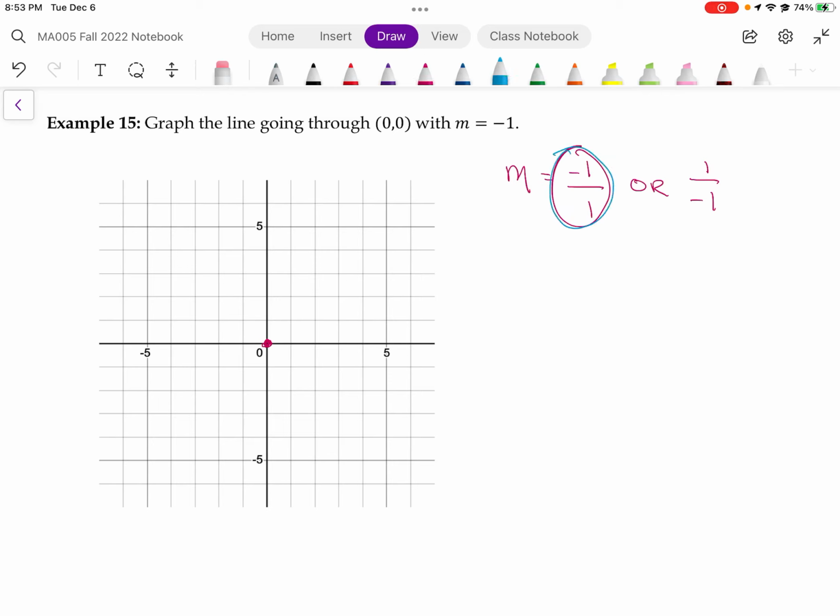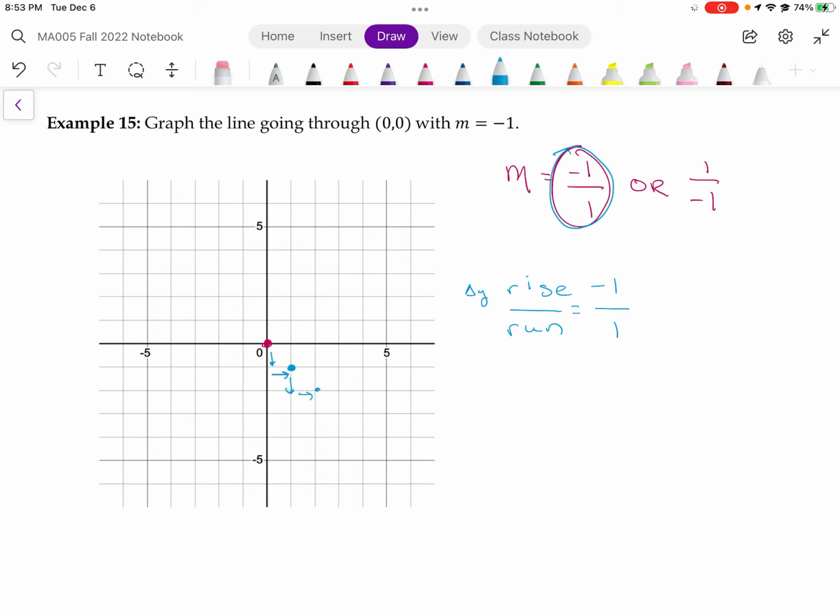So starting here, the rise is -1, and the run is 1. So that means the delta y, and that means I go down 1. So down 1, right 1, and I end up there. Down 1, right 1, end up there.